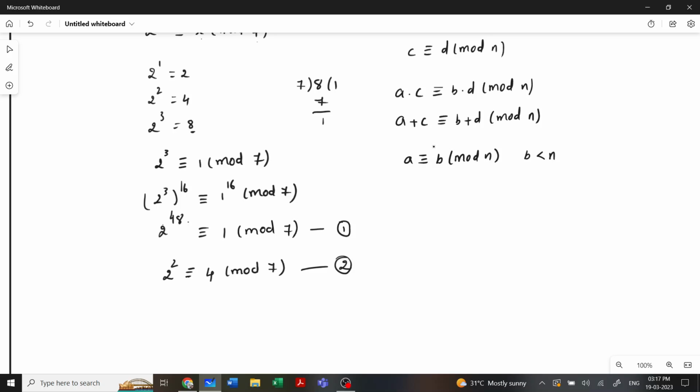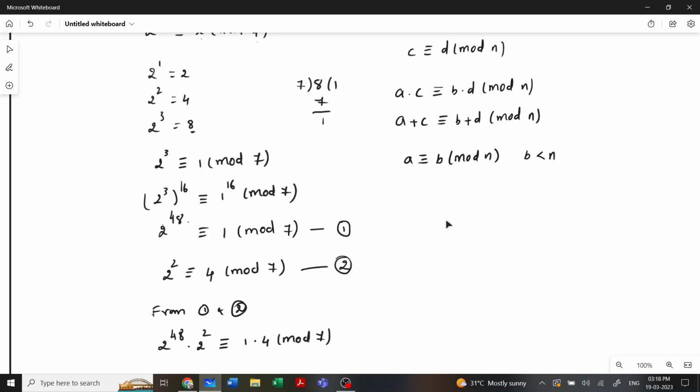So, if I take the product of 1 and 2, 2 to the power of 48 multiplied by 2 to the power of 2 on the LHS is congruent to equation 1 RHS, that is 1, into equation 2, which is 4 in mod 7.